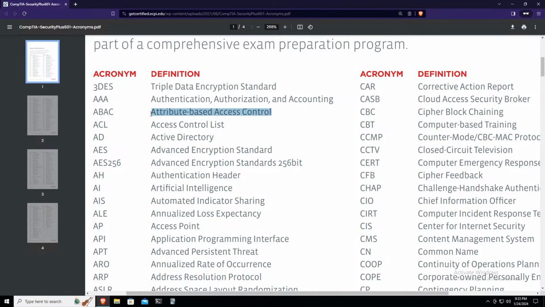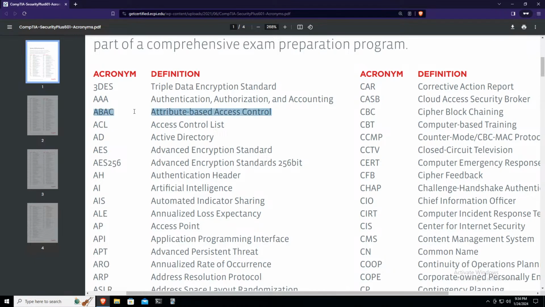We did have a couple of questions on this from previous questions. I think attribute access control was related to attributes, pieces in a system, but I can't think of a good example.